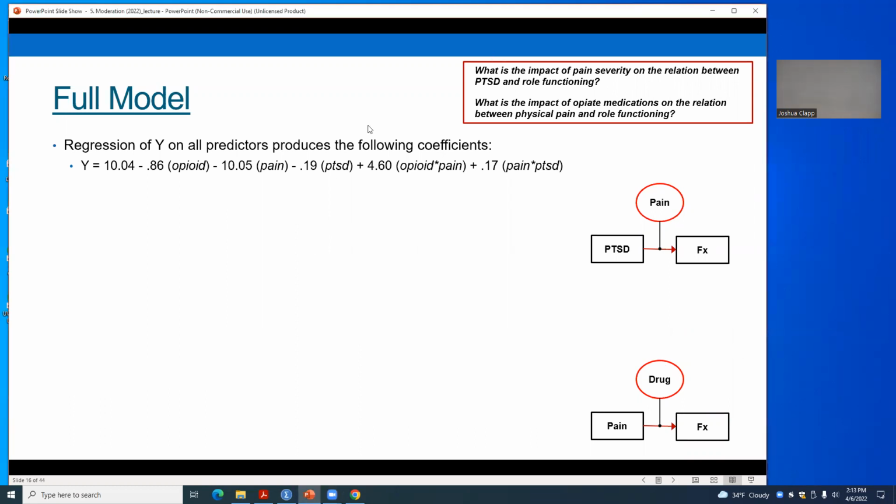So we finished up last time talking about how we algebraically restructure these multiplicative models in order to get to our simple slopes. Once we've run our model, created our interaction terms, and included those in there, you can get your simple slopes for any high or low levels of your moderator you want using just a little bit of algebra.